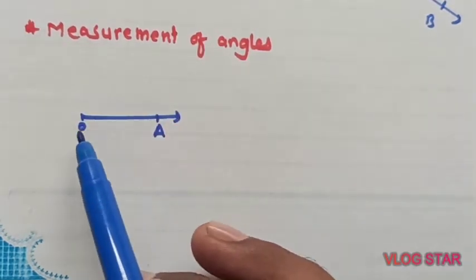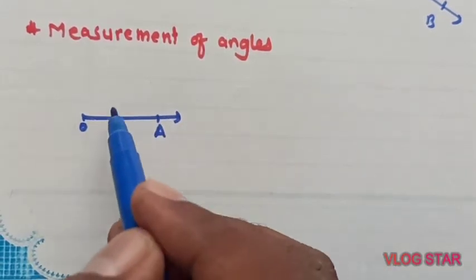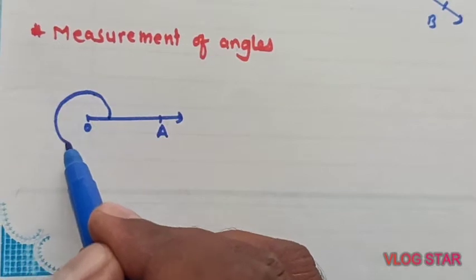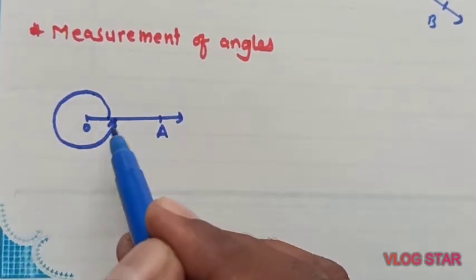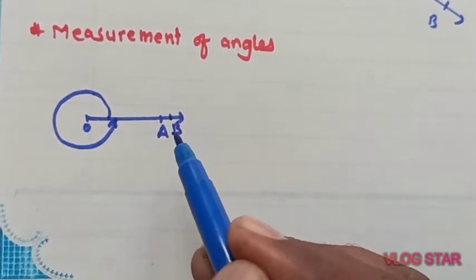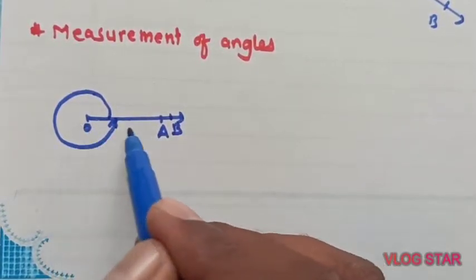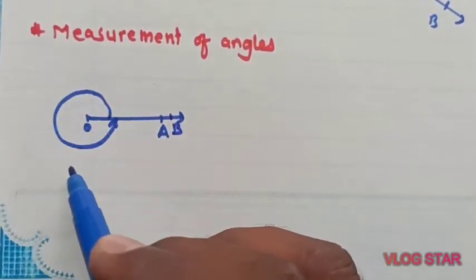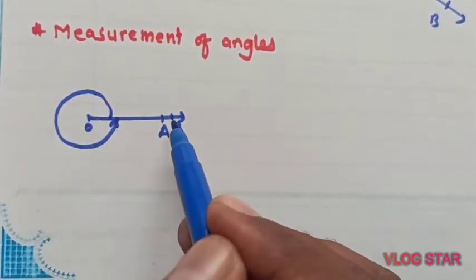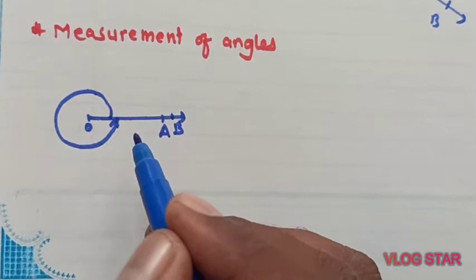If we have an initial arm here, we rotate it to make one complete rotation. I can take point B here. The initial arm was AB, I have rotated it and I got a terminal arm OB at the same position. So a complete rotation is done.